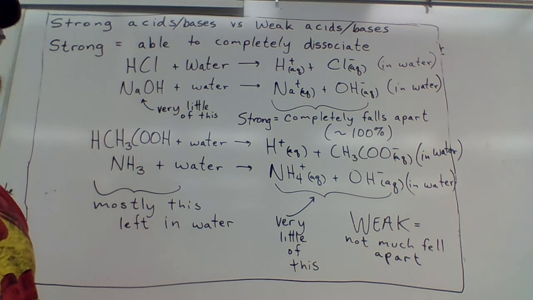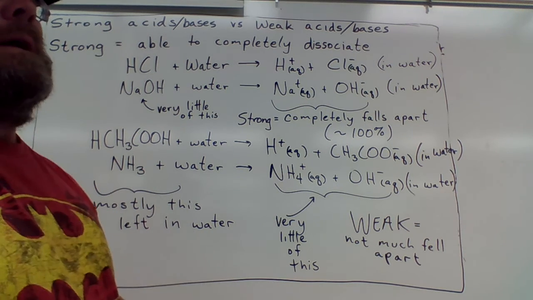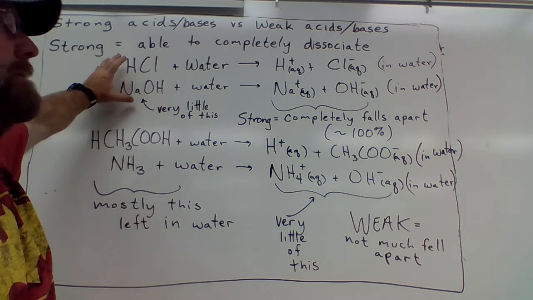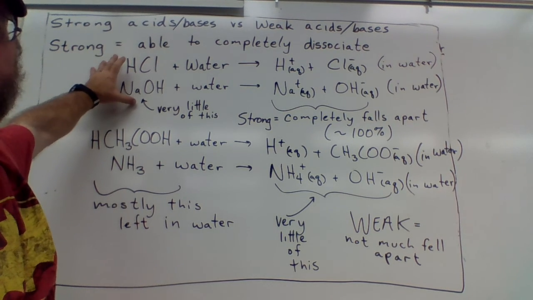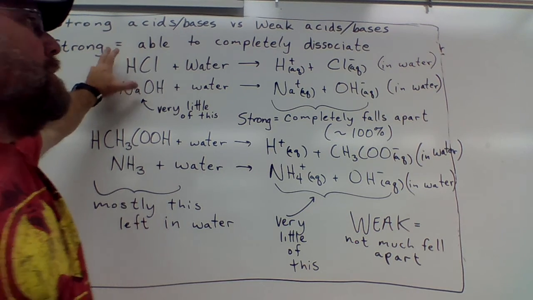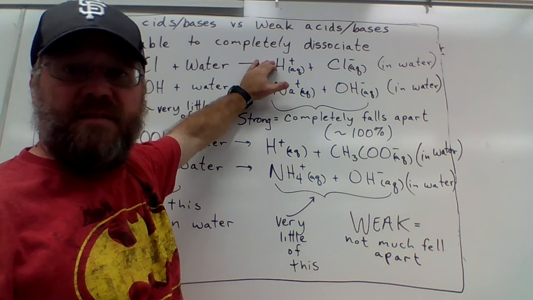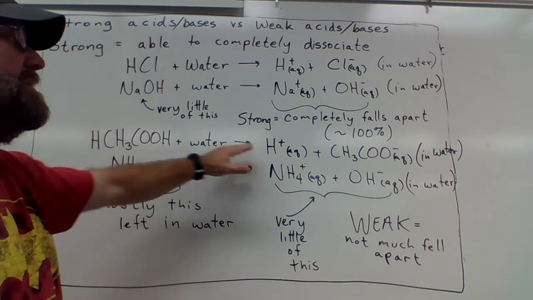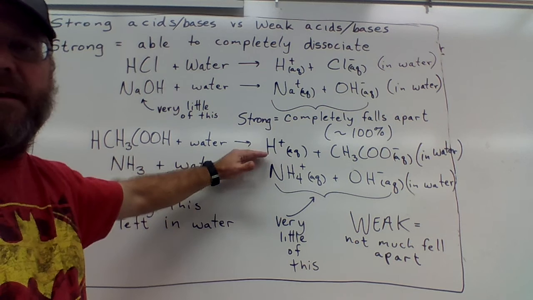And so what that tends to do is that, at the same concentration, let's say we had a 1 molar concentration of this, that would mean there was a lot of this. If we have a 1 molar concentration of this, there's still some of this, but it's not nearly as much.